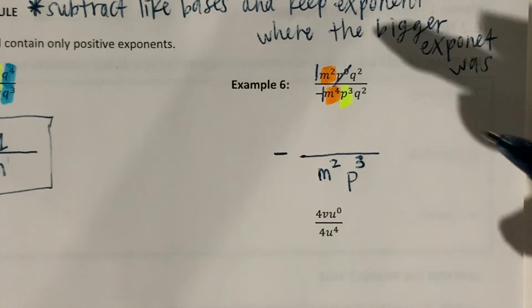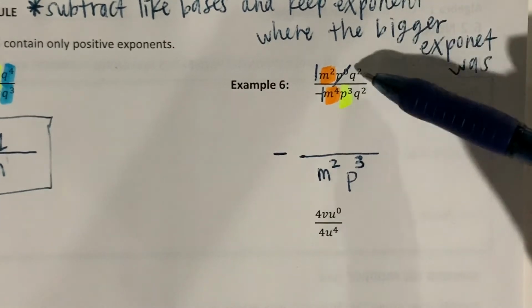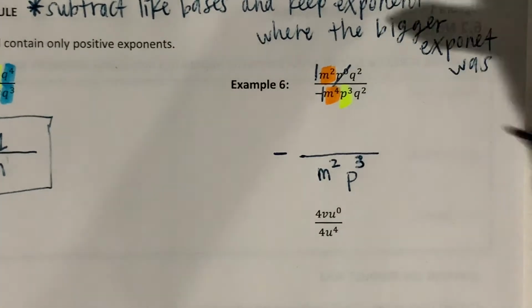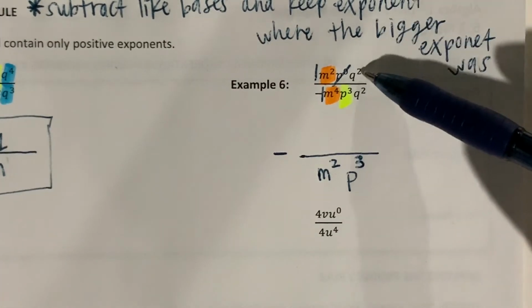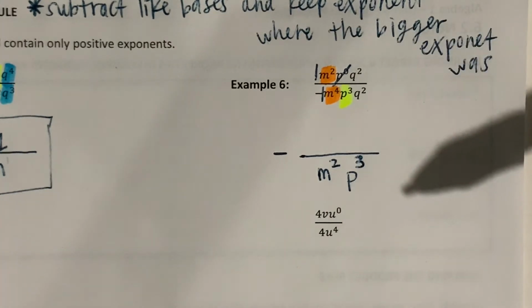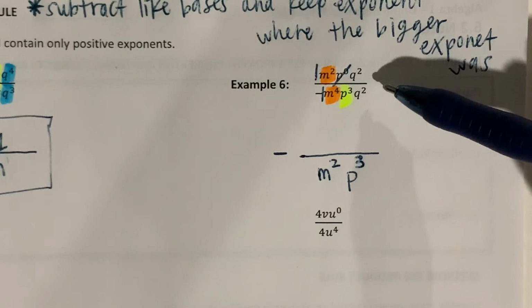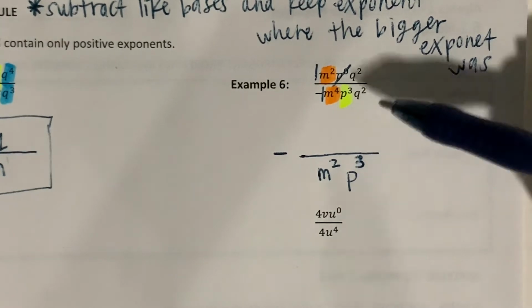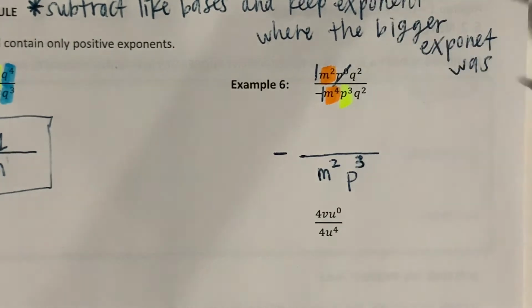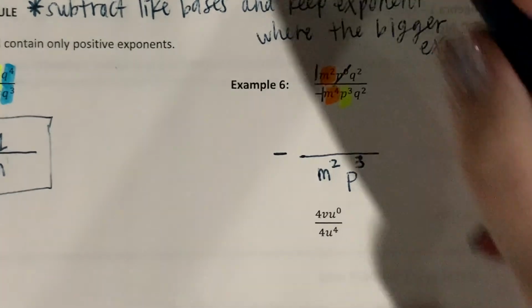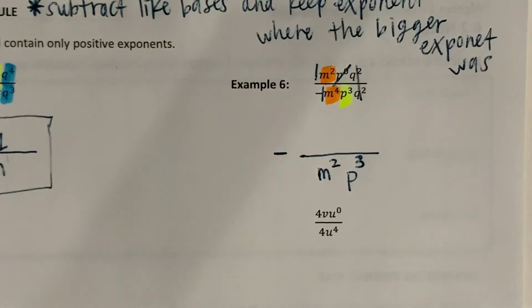Lastly, I've got q squared over q squared, or I have the same thing on top and bottom here. This is like saying 5 divided by 5. Anytime you have a number divided by itself, or in this case, a variable divided by the same variable, it's going to cancel out of the problem, right?